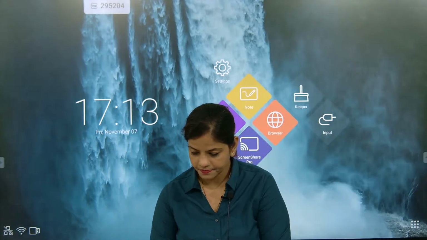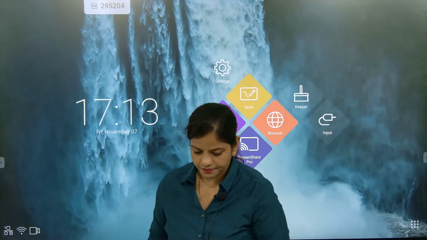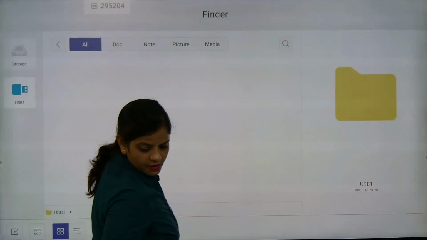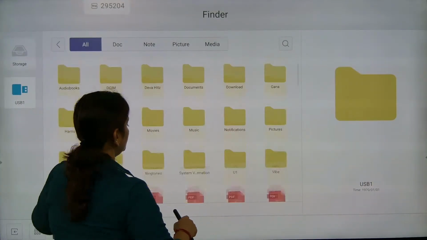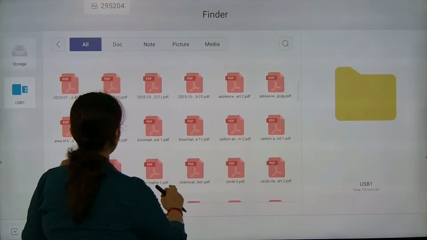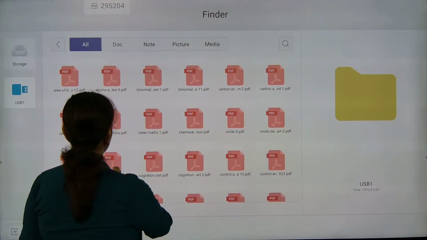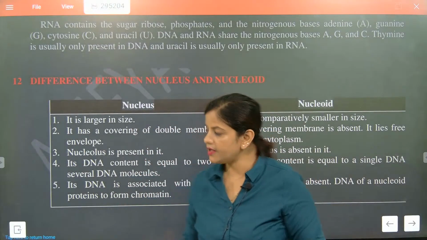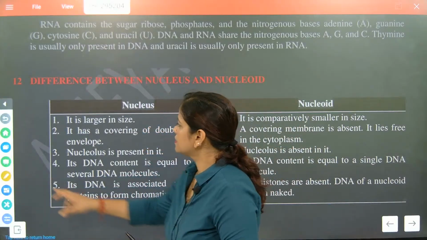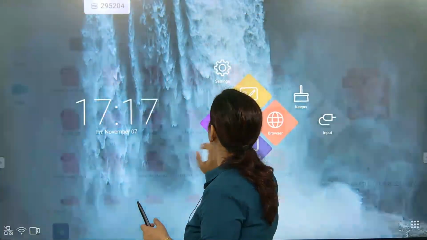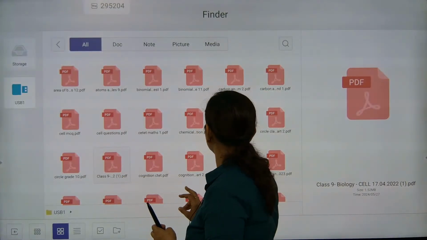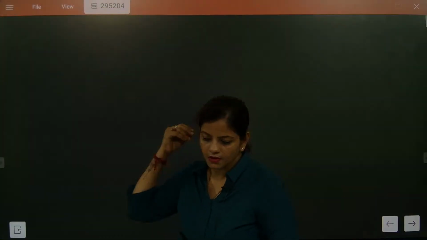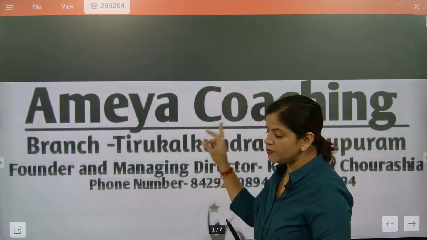Can you hear me? Am I audible? In the group, you'll post a message that class started. Yes, beta, in grade 9. Post the message in the group that class started, beta.